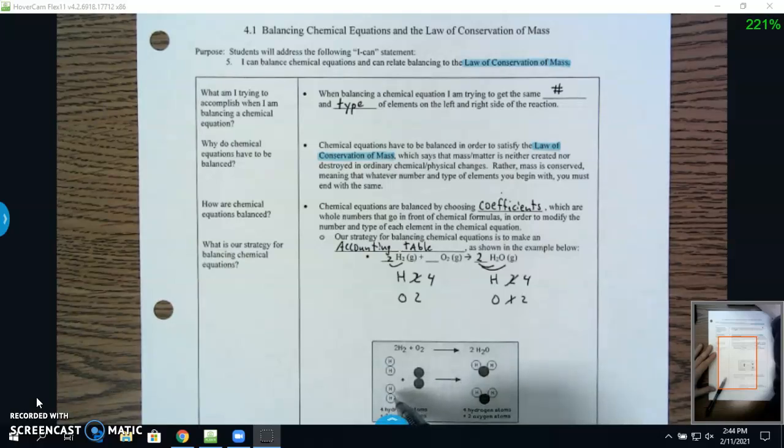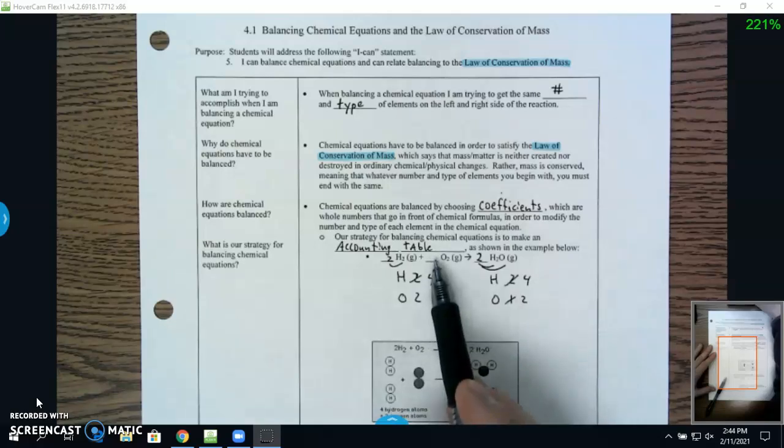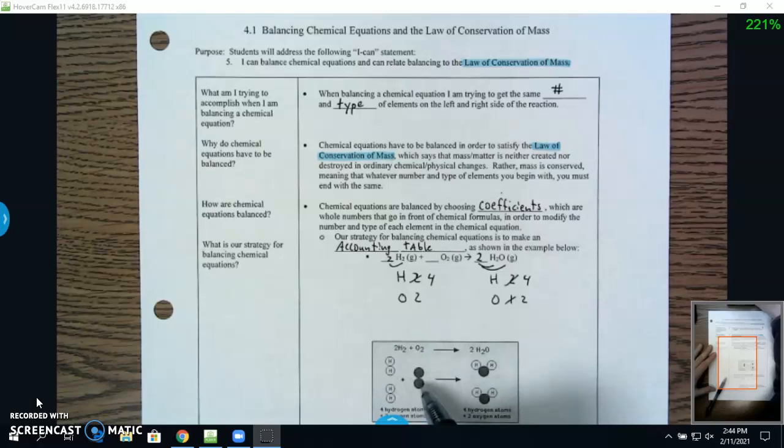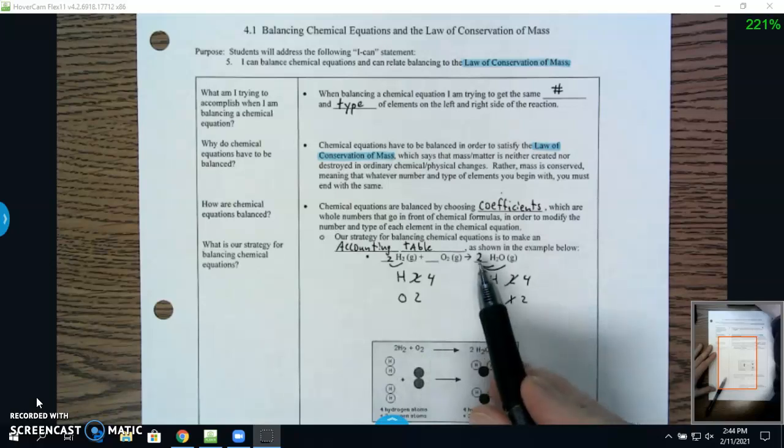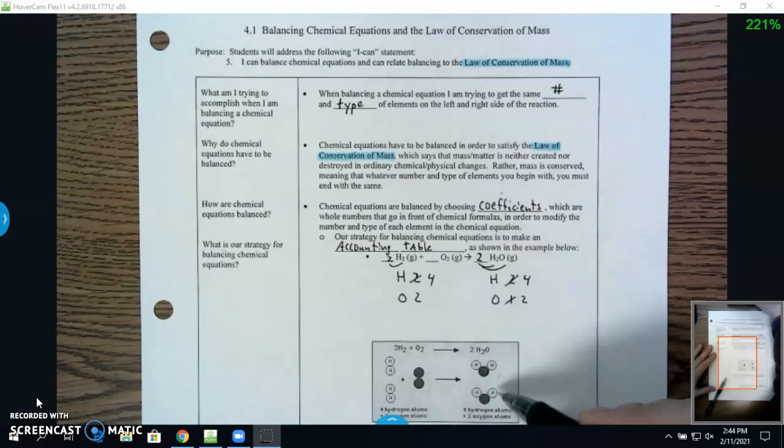So 2 diatomic hydrogens gives us a total of 4 hydrogen atoms, but we have 2 completely separate molecules of diatomic hydrogen. Likewise, this is an understood coefficient 1. We have 1 diatomic oxygen molecule. Over here, we have a coefficient 2, meaning 2 water molecules, and you can see that we've got 2 water molecules right over here.